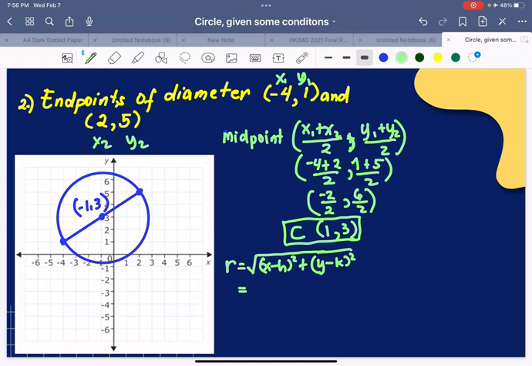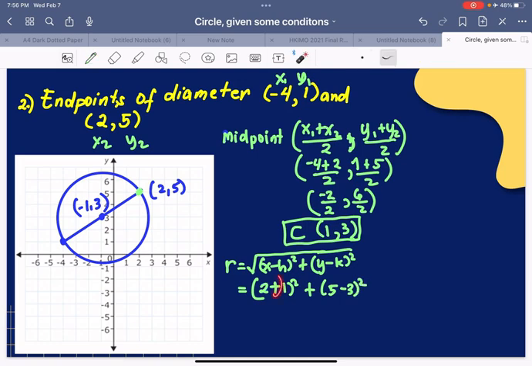So our x, y here, the point, that is (2, 5), and our h, k is the center. So we have 2 minus negative 1, magiging plus 1 na siya, quantity squared, plus y, 5 minus 3, quantity squared.